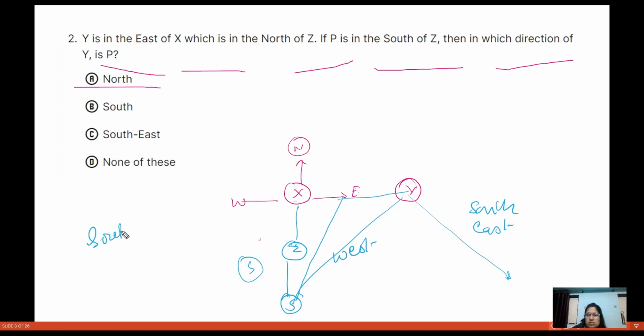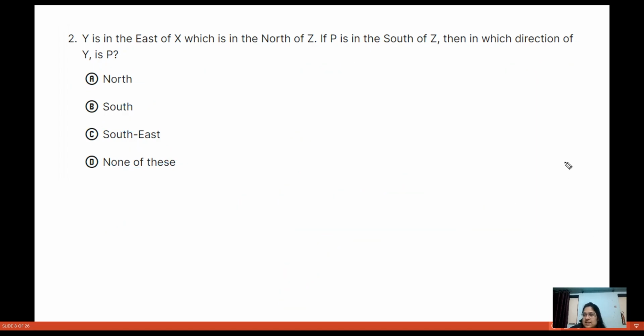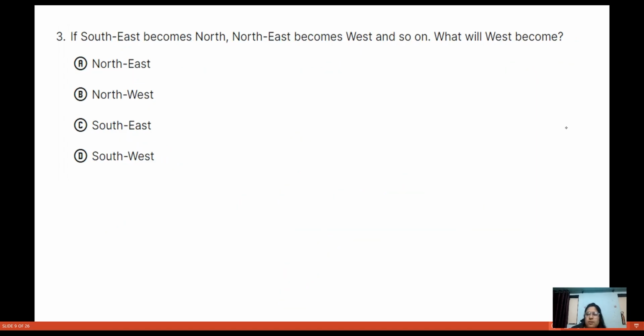So our answer is southwest. But southwest is not given in the options, so we'll write the answer as none of these. This is how we do it. Now look at this question. If southeast becomes north and northeast becomes west and so on, what will the west become? It is saying that we have to rotate.